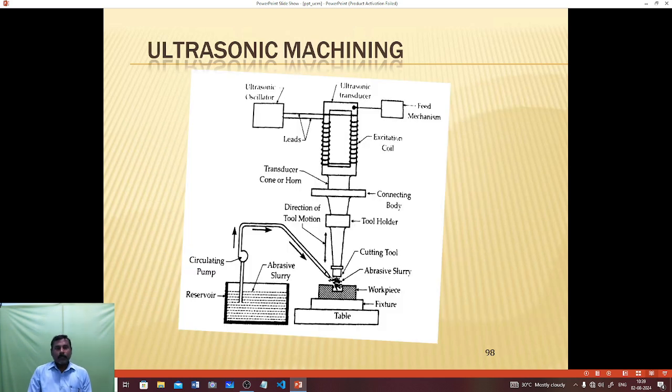The main components of the ultrasonic machining process are the ultrasonic transducer and ultrasonic oscillator, then feed mechanism, extension coil, transducer cone, connecting body, tool holder, cutting tool, abrasive slurry, and abrasive slurry pump and reservoir.